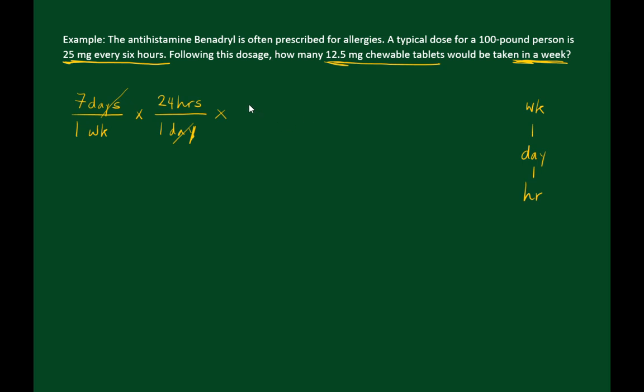We got 25 milligrams taken for each 6 hours, so the unit hours will cancel as well. For this portion you get the answer in milligrams per week, but we want the number of chewable tablets per week. So we will write that connection.